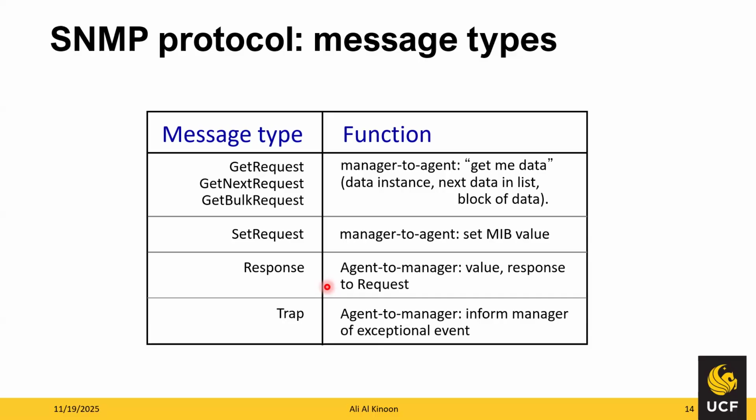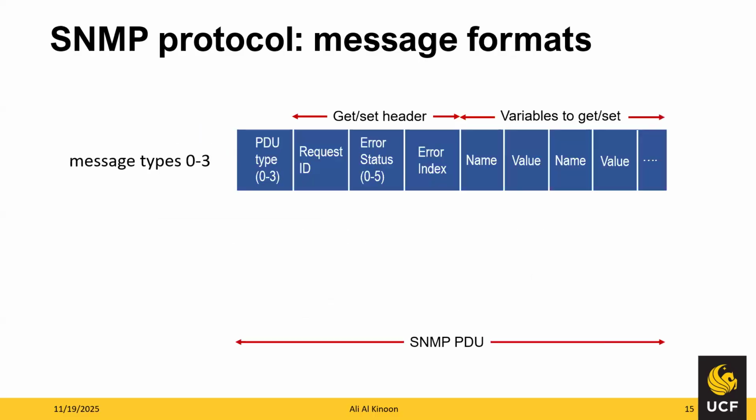And finally, there's the trap message. As we talked about, this is the one way the agent has some sort of trigger that sends a message back to the server automatically. So these are the messages that support both requests and replies in the SNMP protocol.